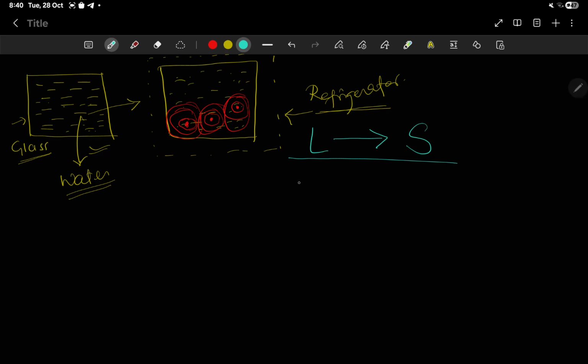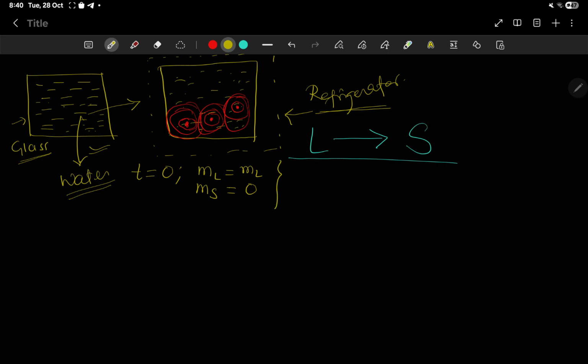Now if I draw a curve. Okay, now let's take t equals to 0. At t equals to 0 we have mass of liquid, let's take this as ml. Okay, and mass of solid is 0.